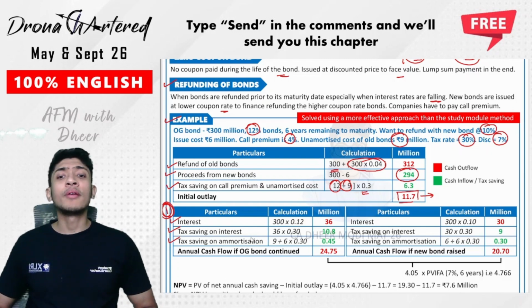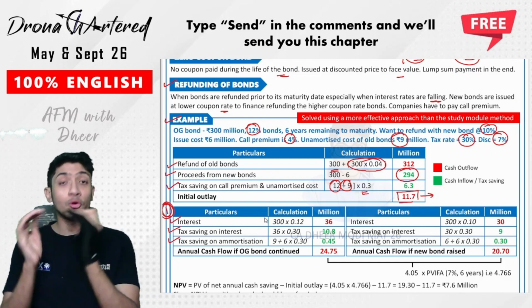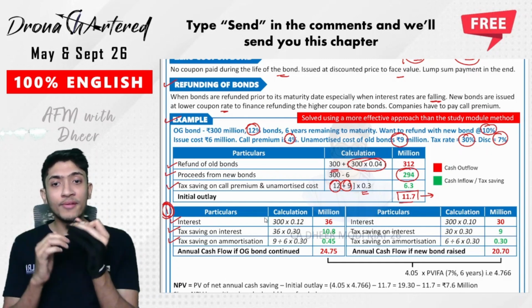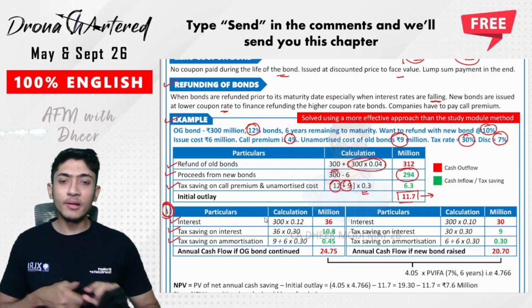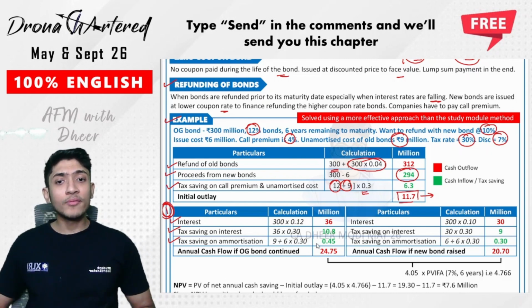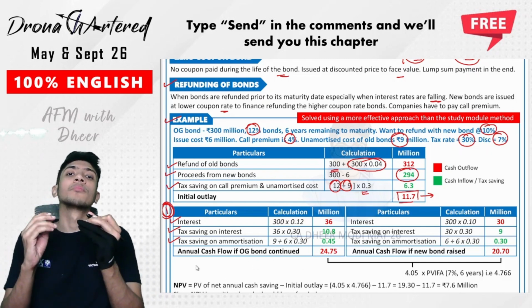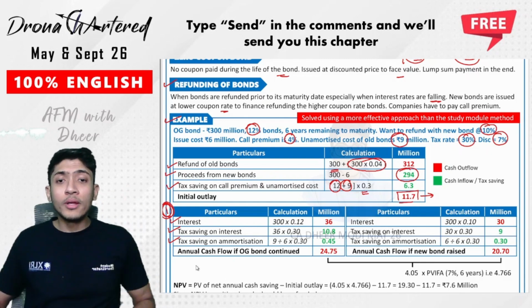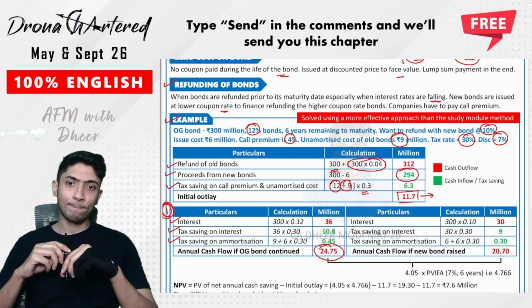Next is your tax saving on amortization. We have 9 million yet to be amortized over a period of 6 years. So every year we will be amortizing 1.5 million. We will get a tax benefit of 30%. So that is your 0.45. So your annual cash flow, if your original bond is continued, will be 24.75 negative.